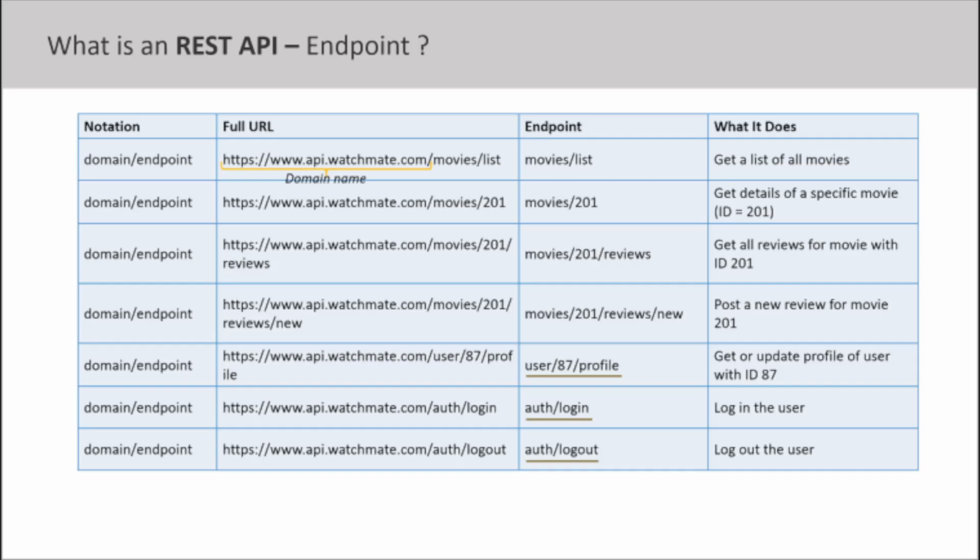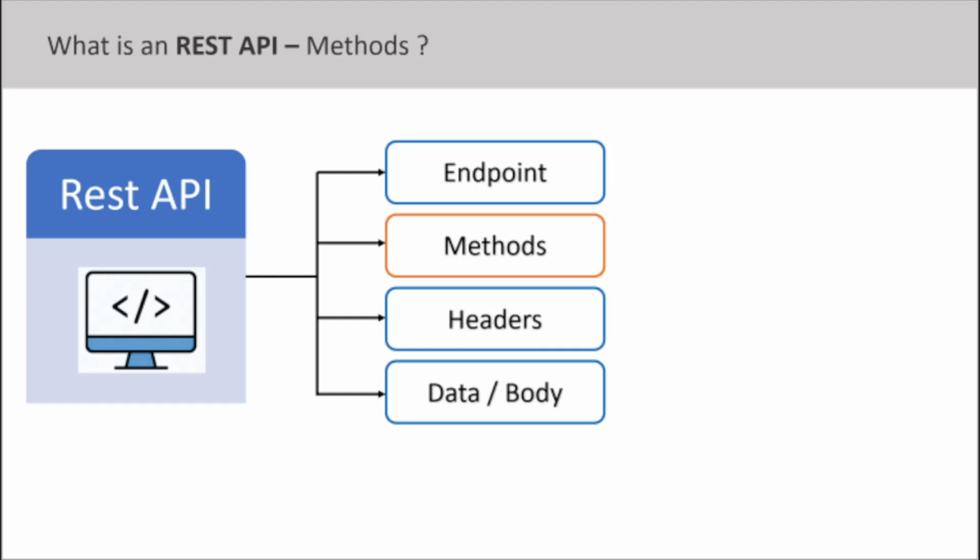The second thing we need to talk about is methods. Whenever you interact with an API, you are basically asking the API to do something. It's similar to when we talk to people. Sometimes we ask for information and sometimes we share information with others. The same thing happens with an API as well.